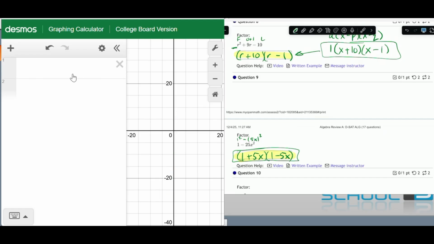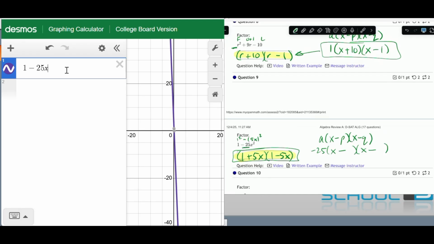But what if you wanted to do this with Desmos? If we think of it in that intercept form, what's our a value here? Negative 25. And so if we just type that directly in, 1 minus 25, turn it into, or it is already x squared.